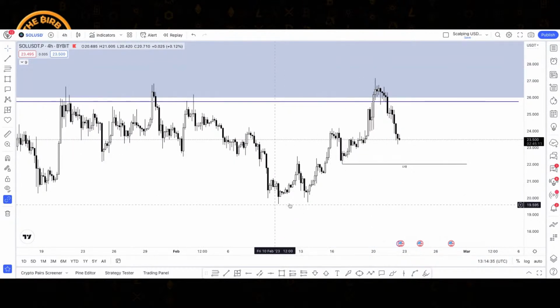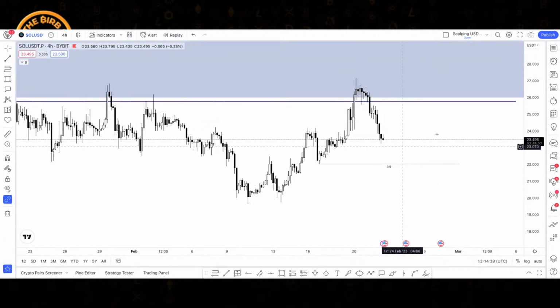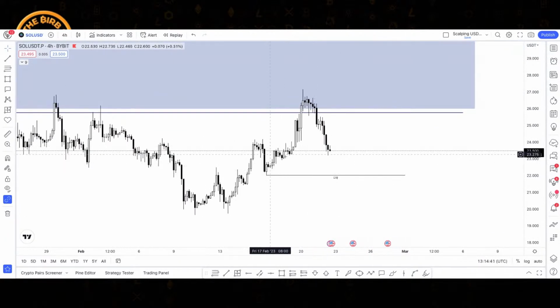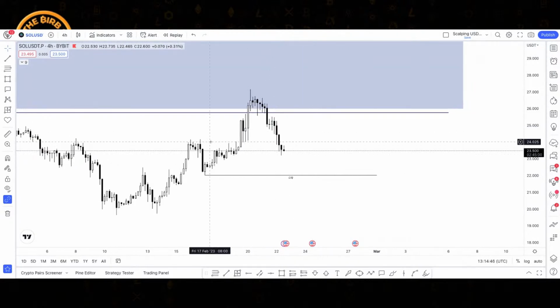And then there's these equal lows here, which would be an extended target down to the downside. Would I expect anything to change price here? Probably not, because I'd be looking for the breaker, which would be this up candle, right, before price sells off lower.